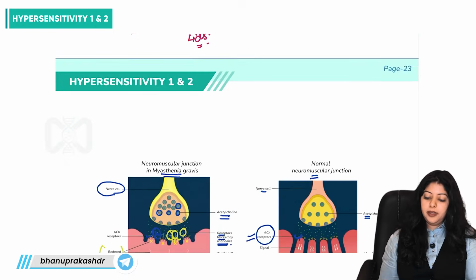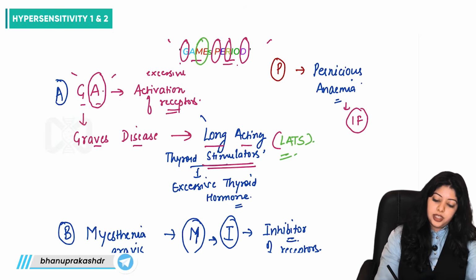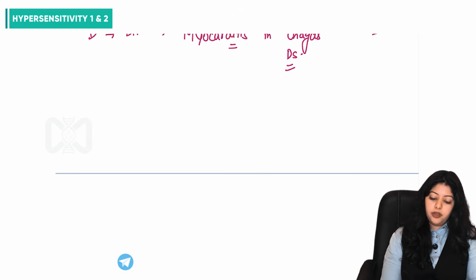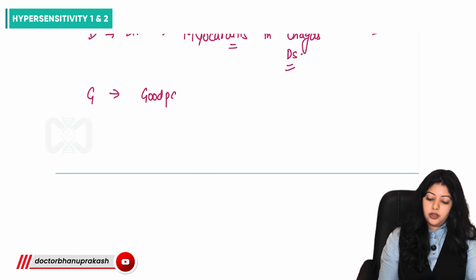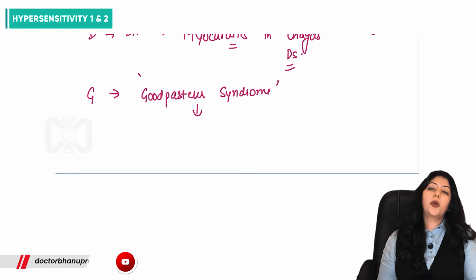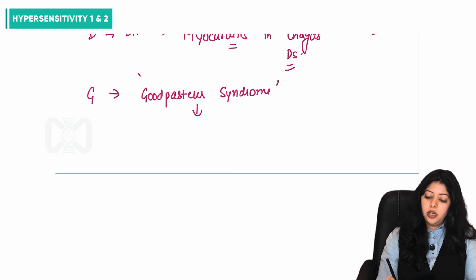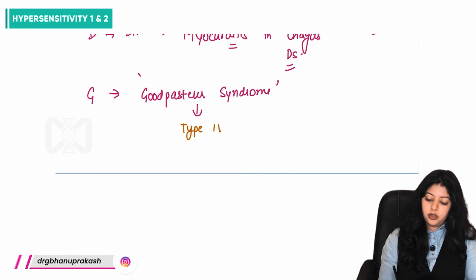And lastly, again the letter G, which we are using for another condition, which is Goodpasture syndrome, wherein autoantibodies are formed against type 4 collagen.